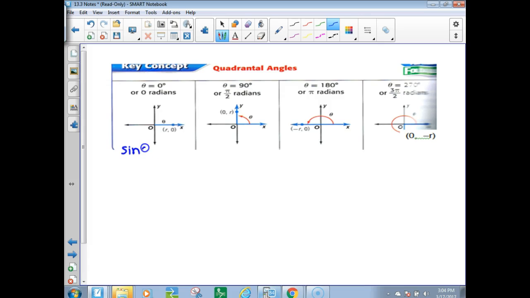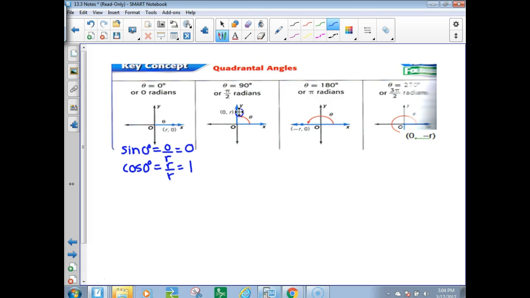The sine of 0 degrees would equal the y value, 0, over r, which would be 0. The cosine of 0 degrees would be the x value, r, over r, which would be 1, using this point that's given to us on this x-axis.